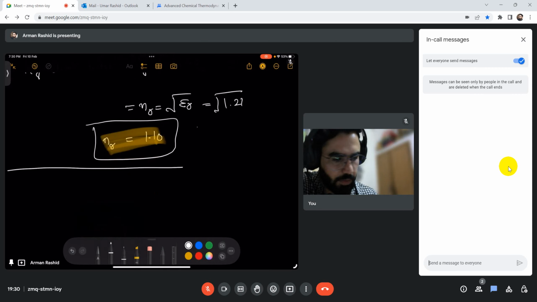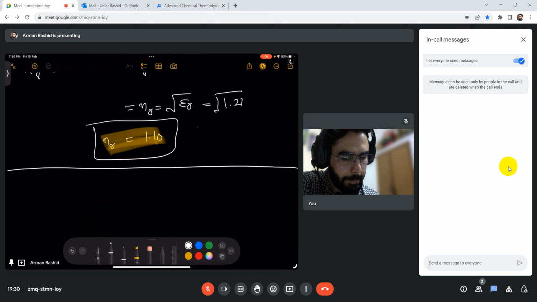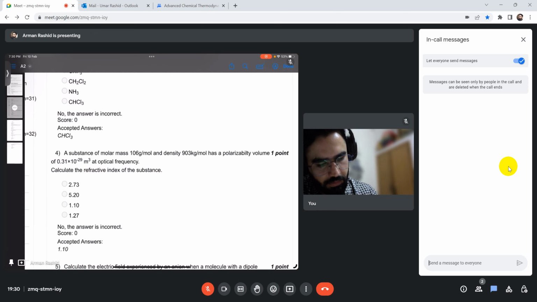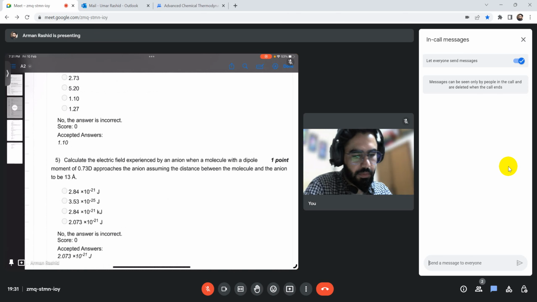Now let us solve one more question. The question is about the electric field experienced by an anion when a molecule with a dipole moment of 0.3 approaches an anion.